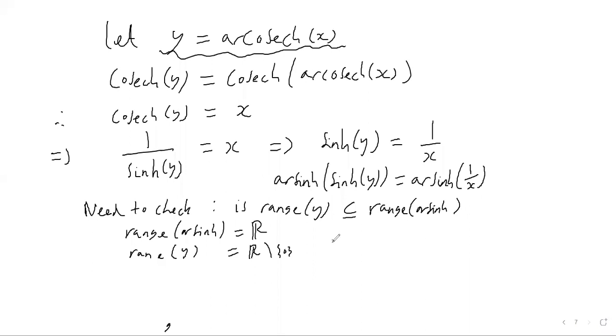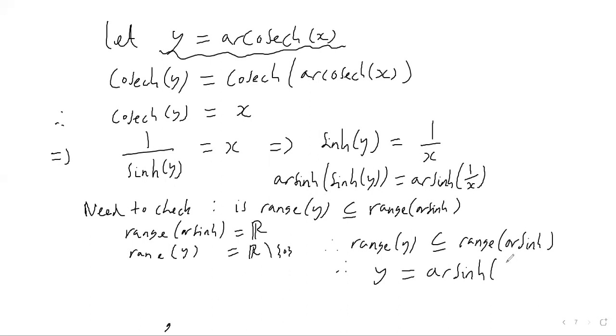So let's write that down here: the range of y is contained within the range of the arsinh function. And so this arsinh of y is defined, and this just becomes a y there. So we know that y equals arsinh of 1 over x, like so.